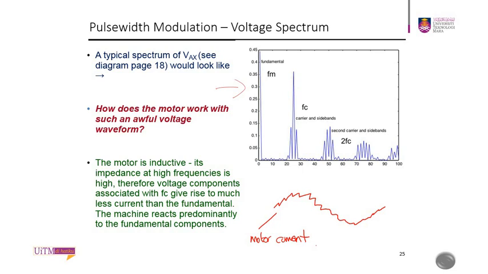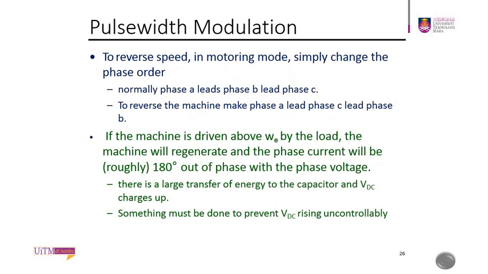And to reverse the speed in the motoring mode, you can simply change the phase order. Normally phase A leads phase B, phase C, and to reverse the machine, you can make phase A lead phase C, and that's one way to reverse the speed.